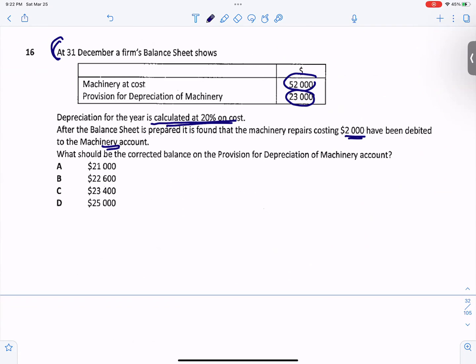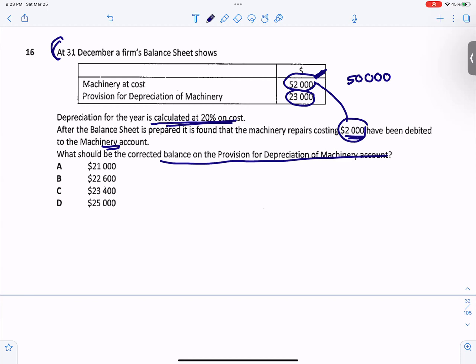That means there were 2,000 of repairs and I debited it to the machinery account. So the actual cost of machinery was not 52,000, it was 50,000. What should be the corrected balance on the provision for depreciation account?